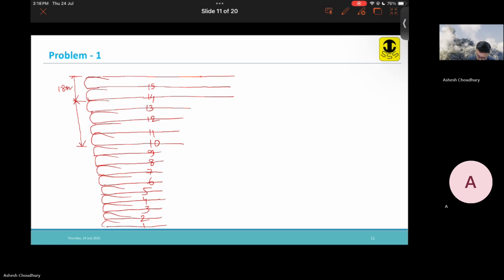From here to here it's 2.1 meter. So 1.8 and 25.